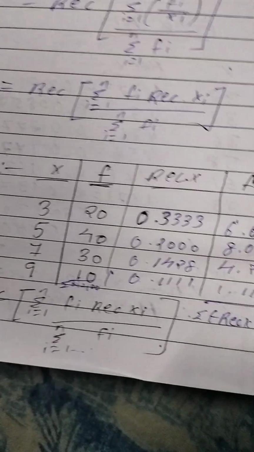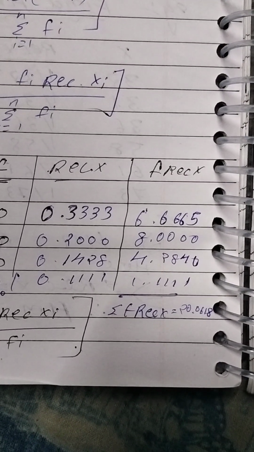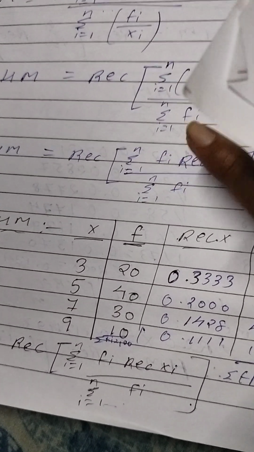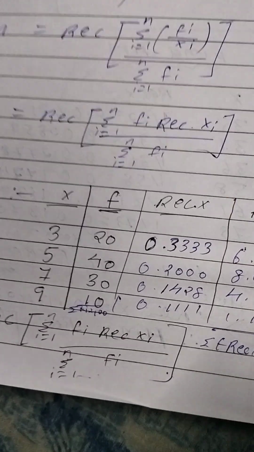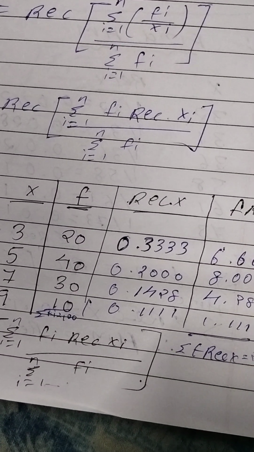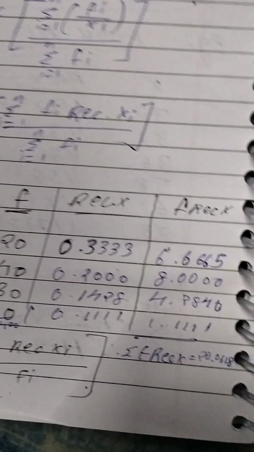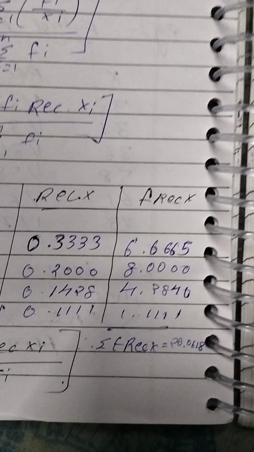Then do the addition of F into the reciprocal of X, because the ultimate formula is there, so you have to find the value of this and this. Okay, so we have already calculated the summation of F, which is 100, and here we have calculated 20.0618.